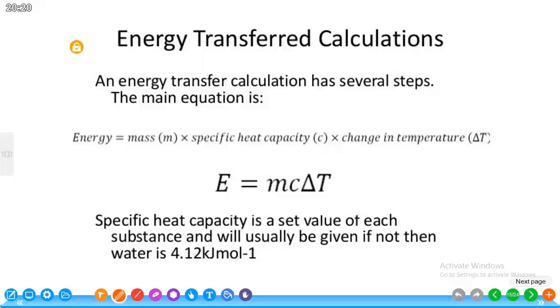So energy is equal to m c delta T, or theta. The specific heat capacity is a set value for each substance. The specific heat capacity of water is nearly 4.18 kilojoule per kilogram per kelvin.